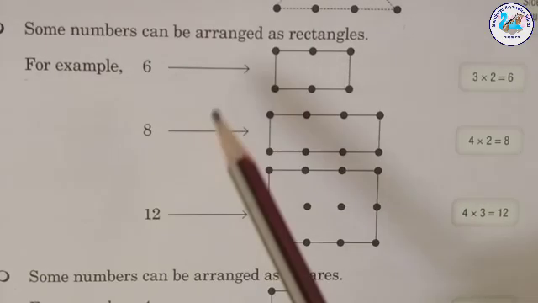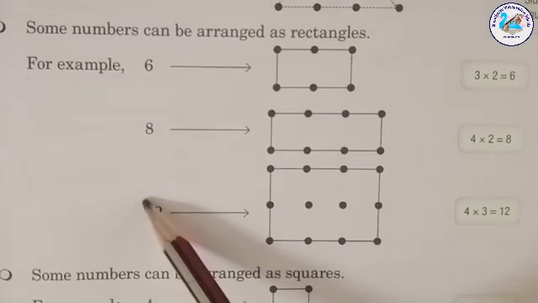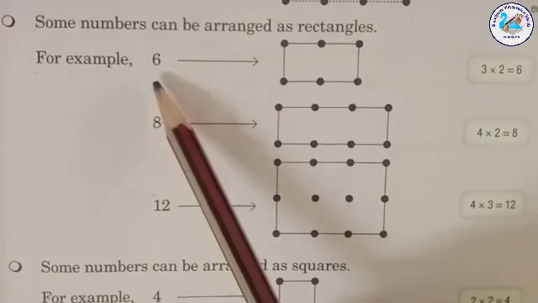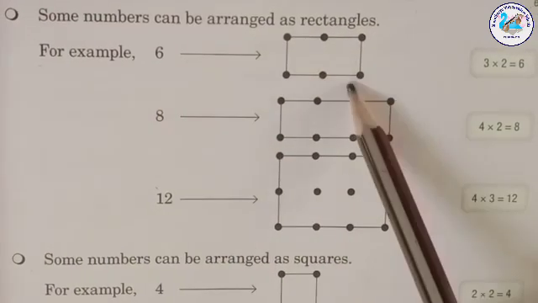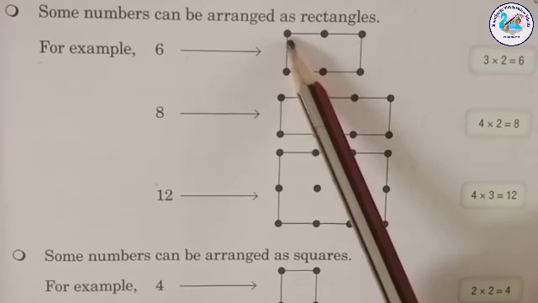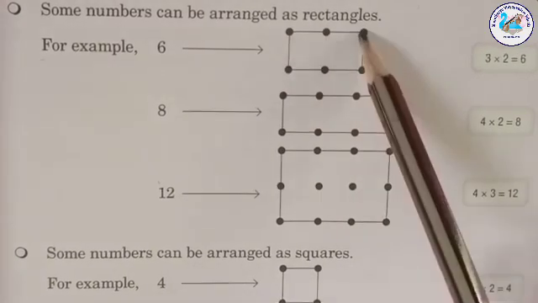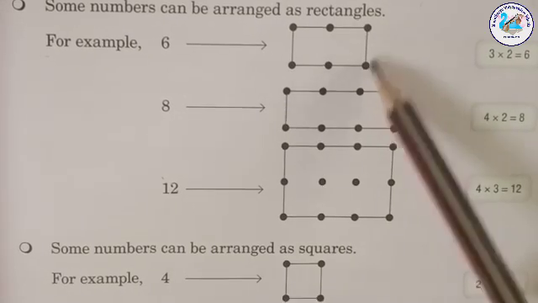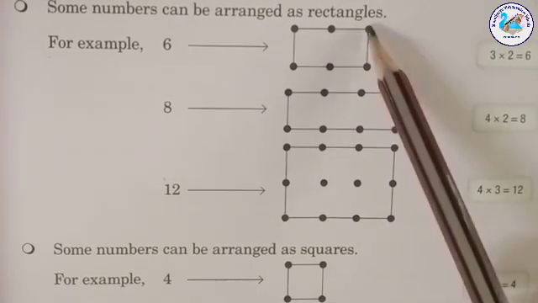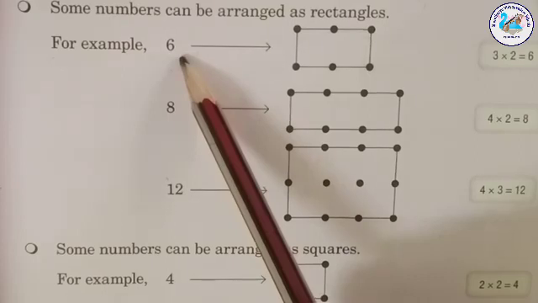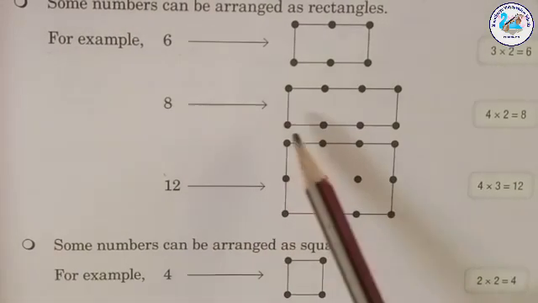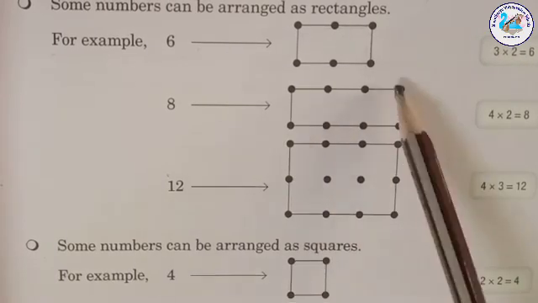Some numbers like 6, 8 and 12 can be arranged as a rectangle. So number 6 is a rectangle. Here in the horizontal row 3 dots are used and in the vertical row 2 dots are used. So 3 into 2 is equal to 6. Next, the number 8 can be arranged as a rectangle.